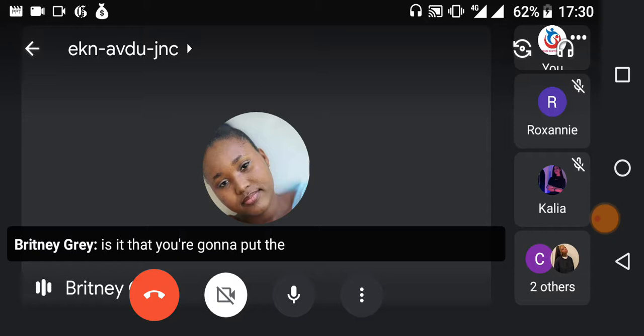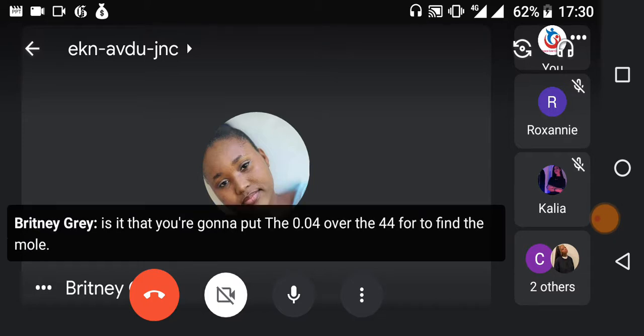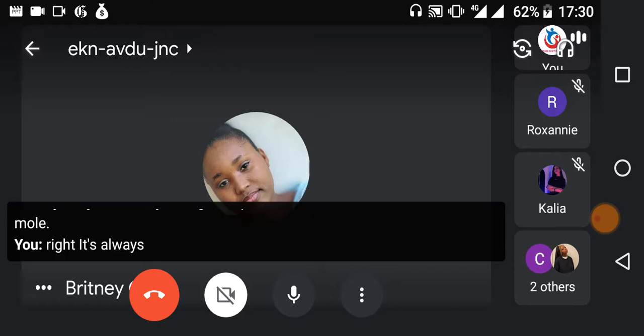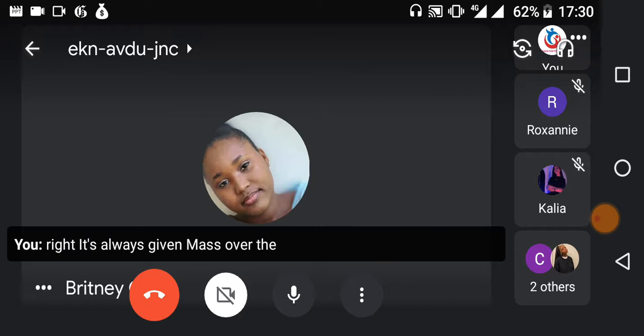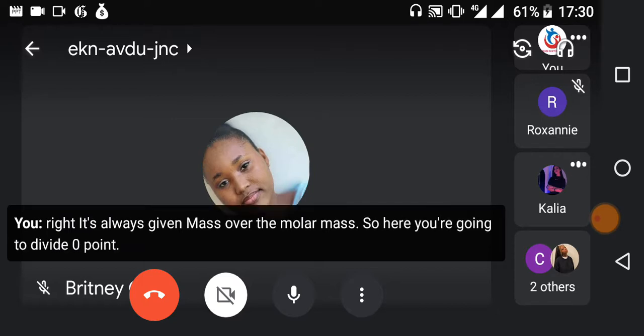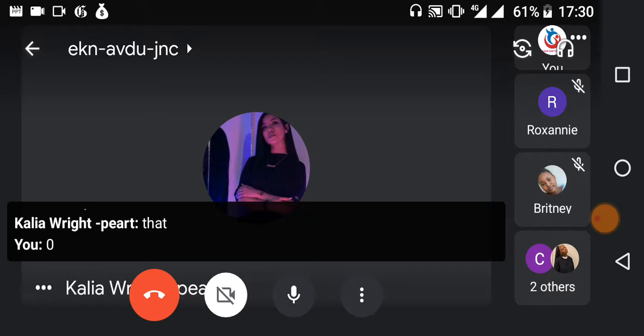Right. It's always given mass over the molar mass. So here you're going to divide 0.04 by the 44.